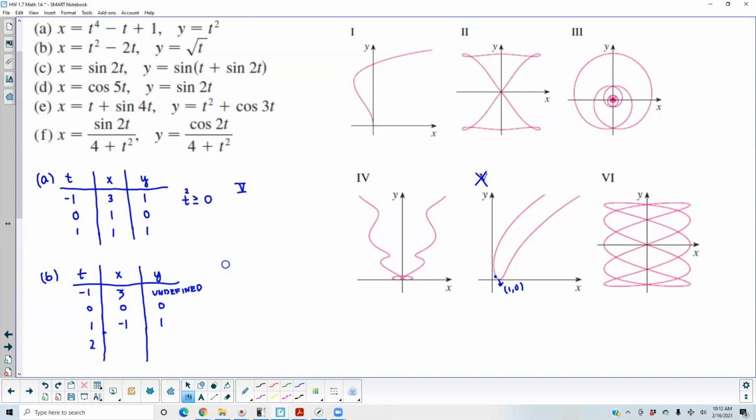If we put in 2, we get 2 squared, which is 4, minus 2 times 2, which is 4, which gives us 0. And the square root of 2 is approximately 1.4.